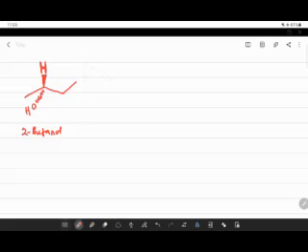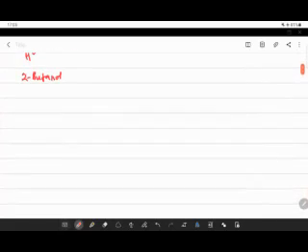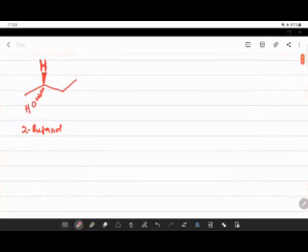But we just learned that these two molecules will rotate plane polarized light in different directions. So if that's the case, how do we distinguish between the two molecules?